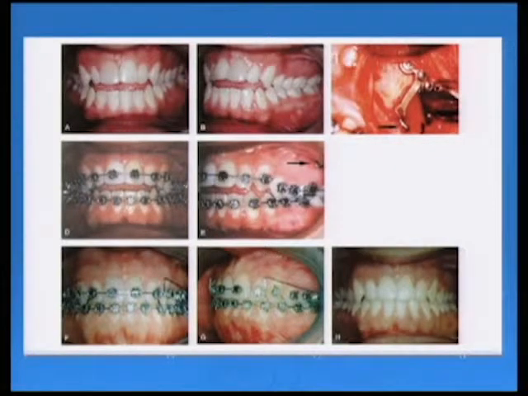These are the photos in the paper of Dr. Sherwood. If we could get the same result as this with mini screw implants, the patients could avoid this kind of surgical procedure.